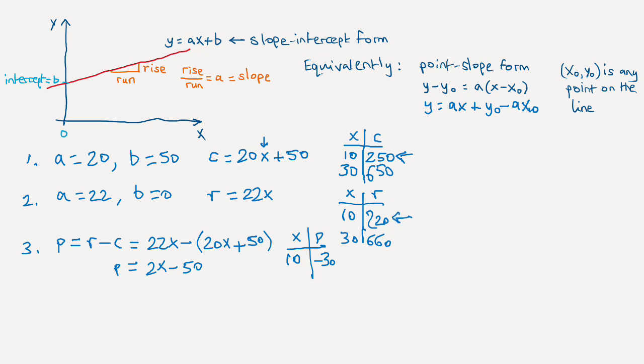Our revenue was $220 and our cost was $250, so we've actually lost $30 if we produce 10 units. If we produce 30 though, we're going to have 2 times 30 is 60 minus 50 is 10. We're going to make a profit of 10. And we can see that because we had revenue of 660 and cost of 650, so we made a $10 profit.